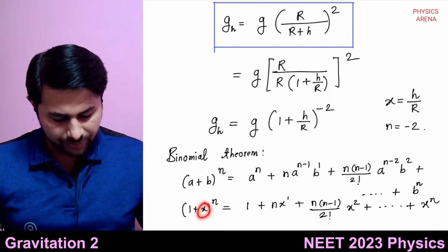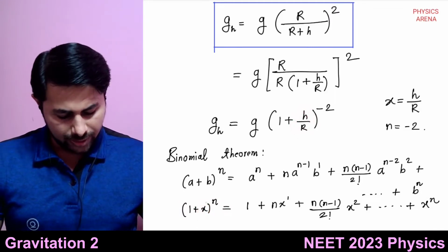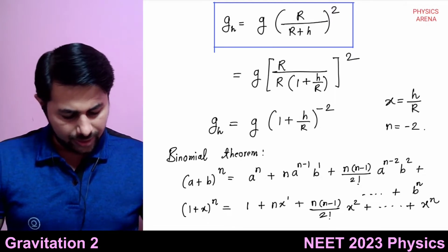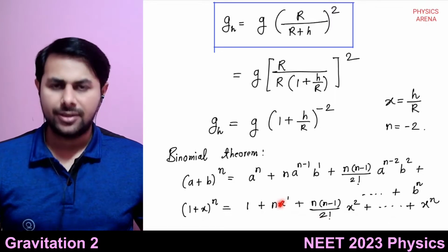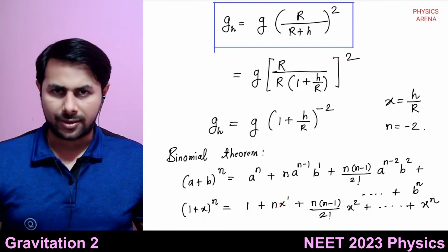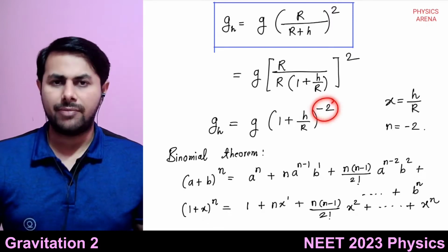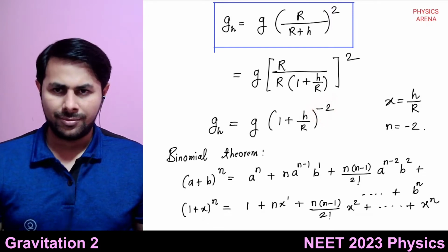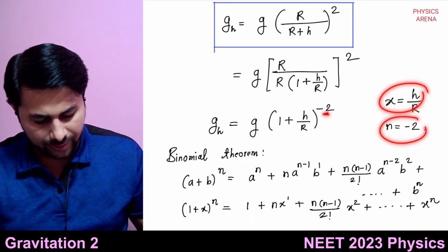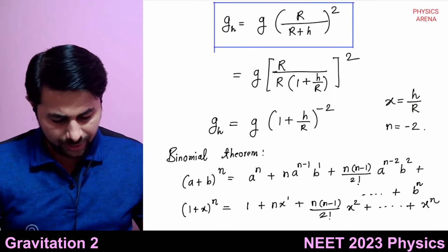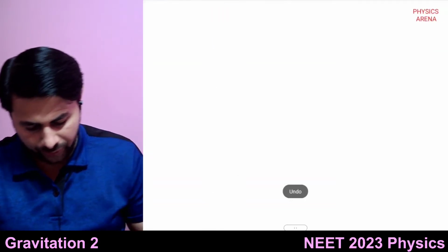Then expand like this. So wherever you have x, substitute h upon r. Wherever you have n, substitute minus 2. Expand this binomially. Then what do we get?